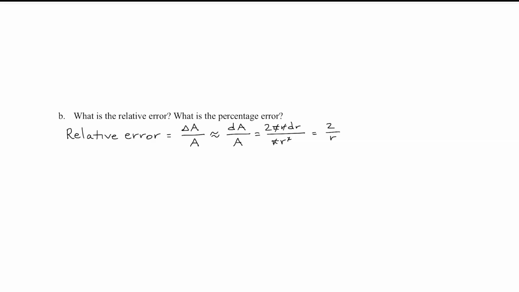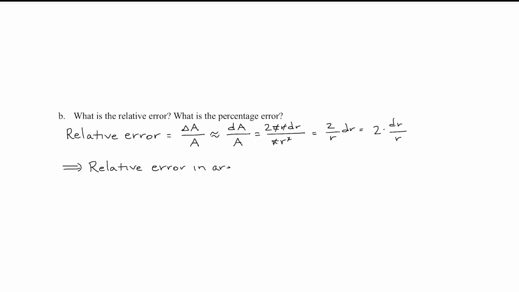So the pi's cancel out, and one of the r's in the denominator cancels with the one in the numerator. And we have 2 over r dr, which actually, in this case, the way we want to see it is 2 times dr over r, because dr over r is the relative error in the radius.